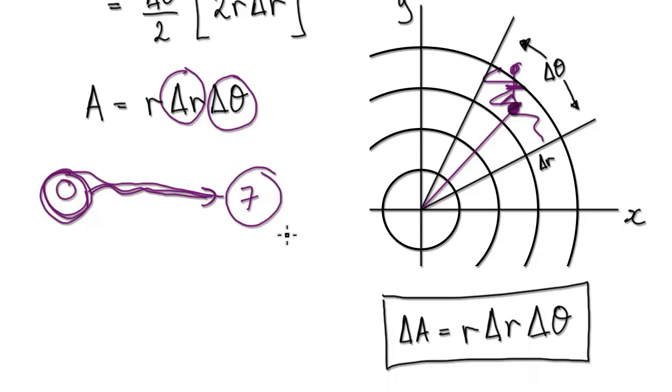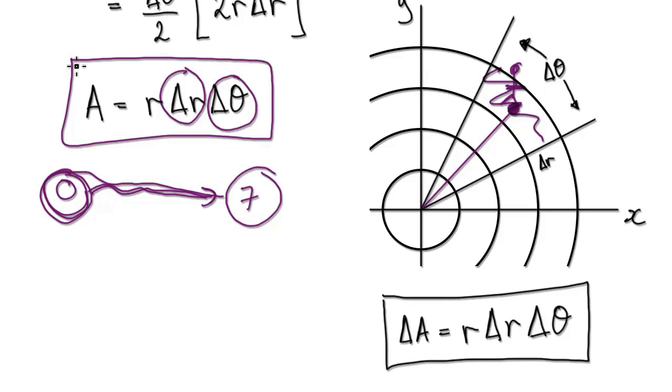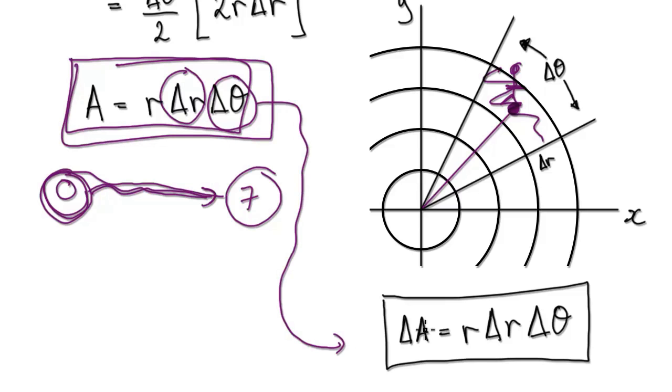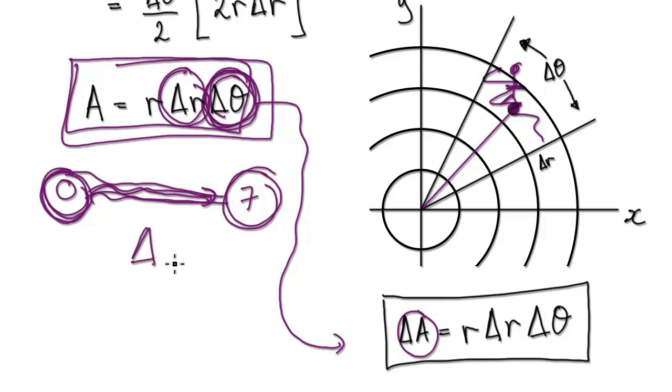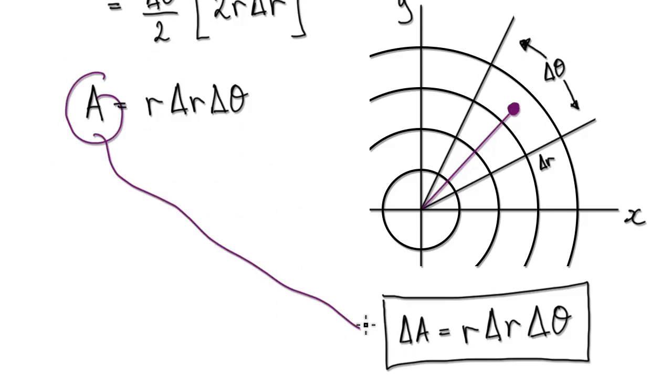Here I'm just asking you to imagine the area as this, but really for us to interpret it, it has to be dA, because I've gone from an area of 0 to an area of something. This change in the area is really dA. So I've gone from A to dA, and I hope you can accept that.